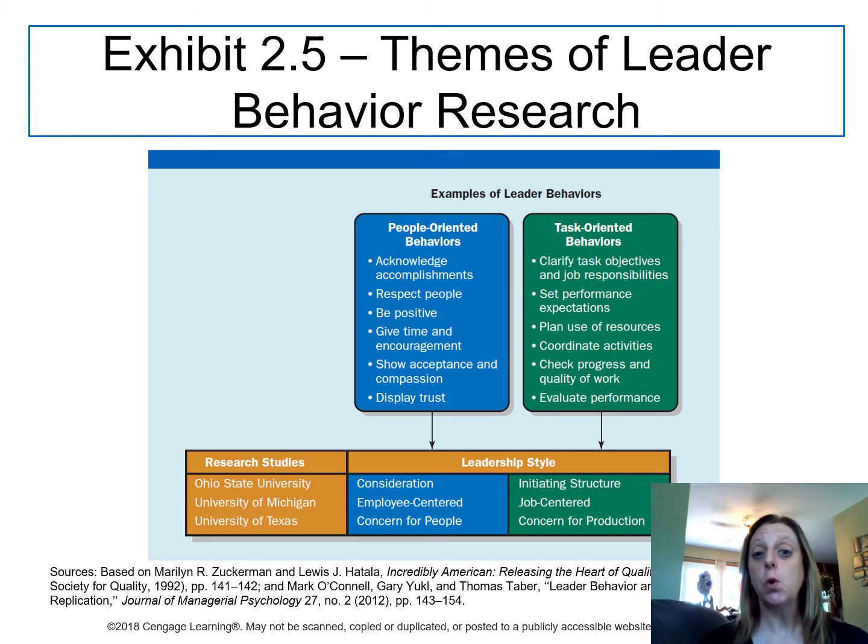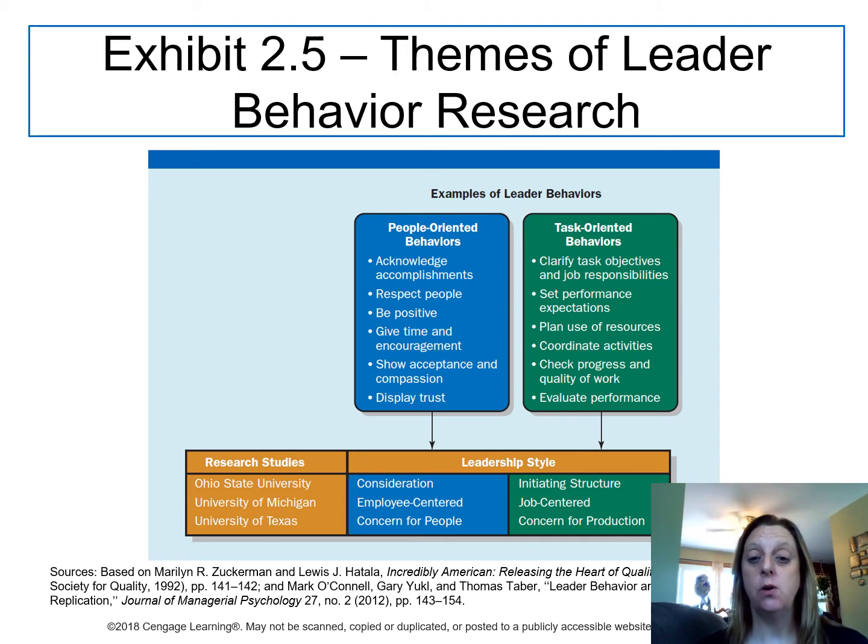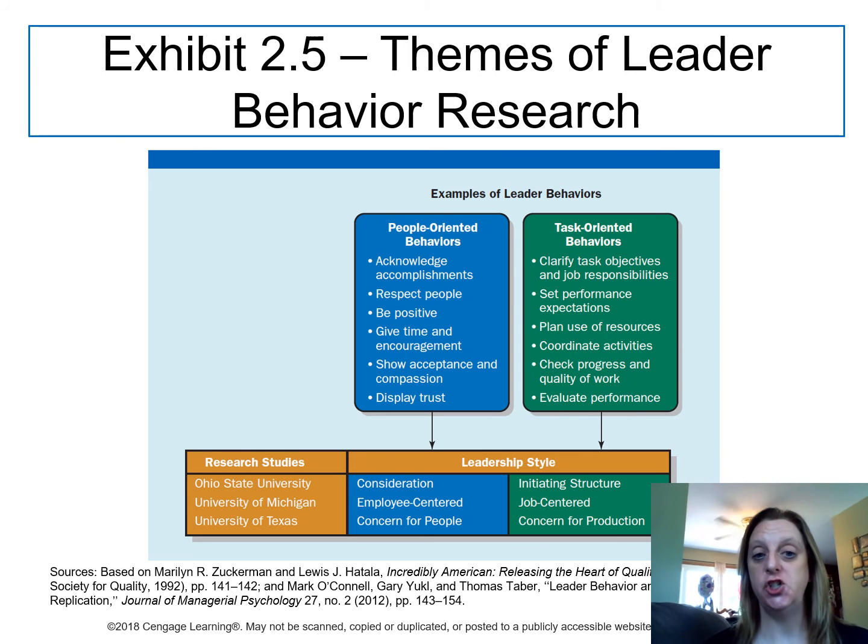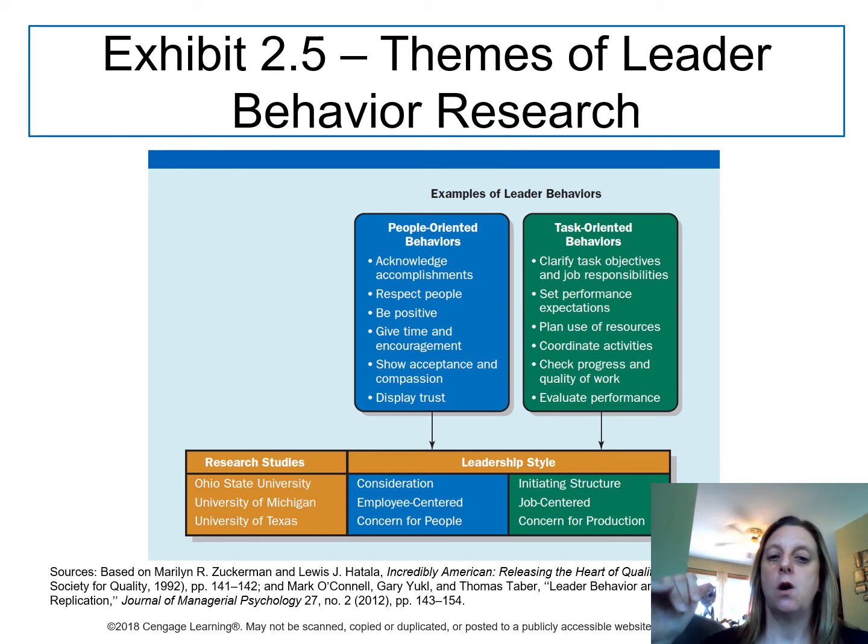Then there's the authority compliance management, where there's high concern for your results or your outcomes or the goals that have been achieved, and very little concern for people. Not really taking care of your people, not supporting your people or employees or whatever, but really only caring about the bottom line, right?